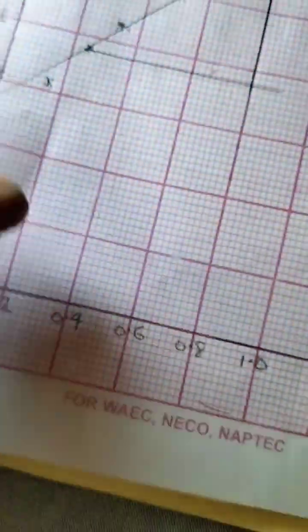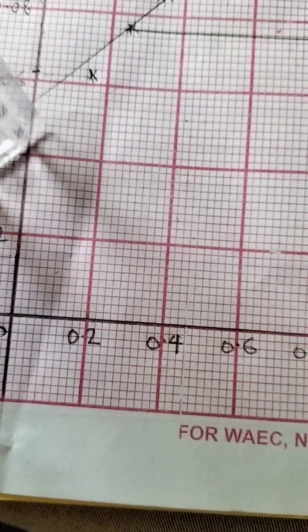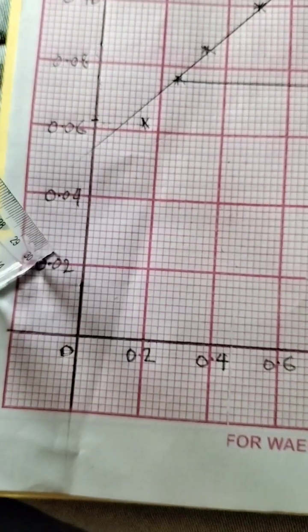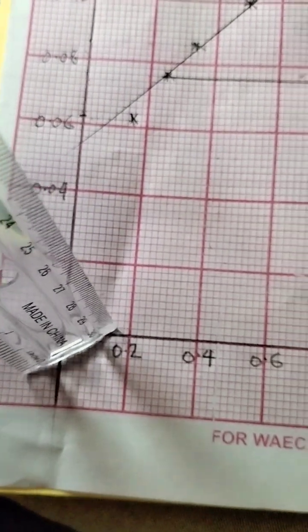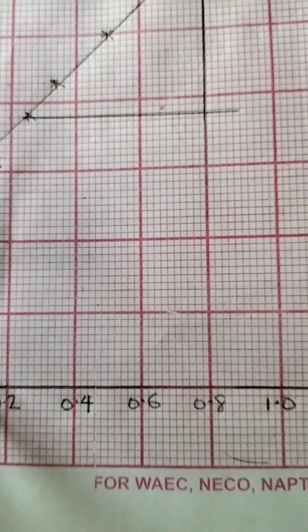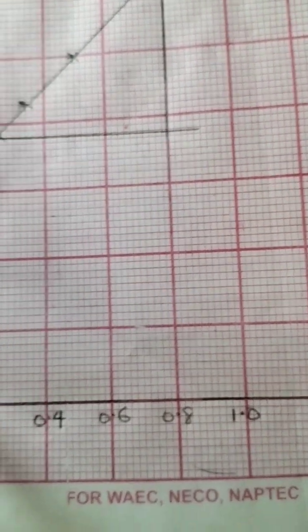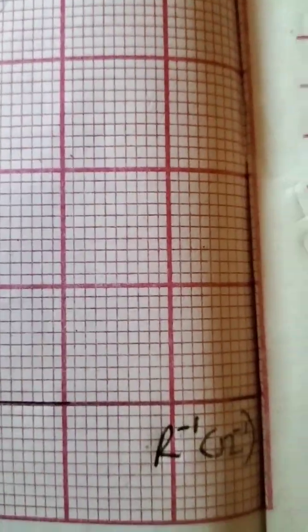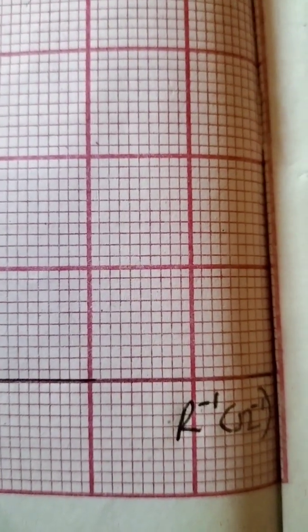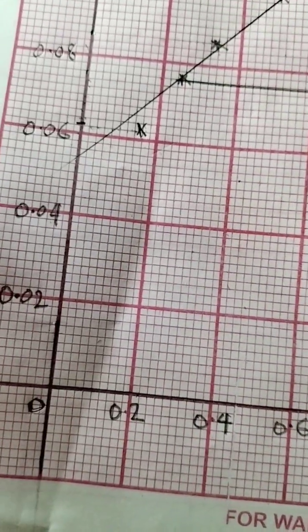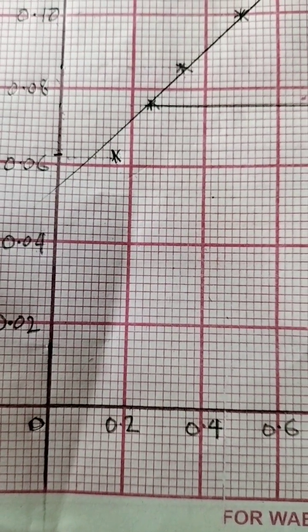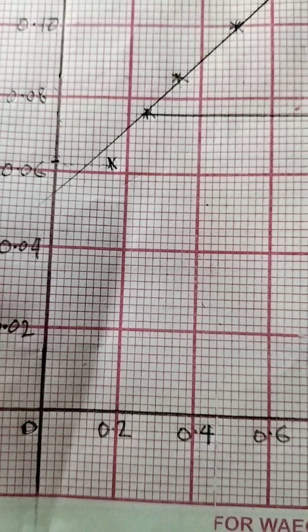Going to the horizontal axis, we have 0.2, 0.4, 0.6, 0.8, 1.0. That means for the horizontal axis, which represents the inverse of R, the unit of inverse of R is ohm to the power of minus 1. The scale is 2 cm to 0.2 unit.